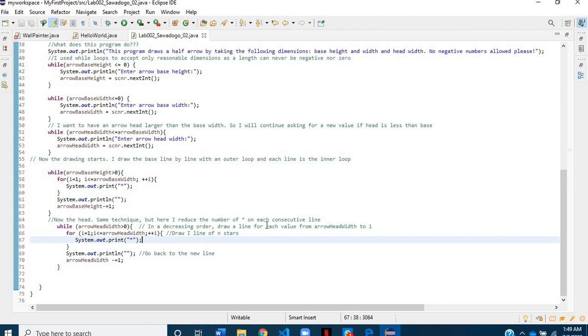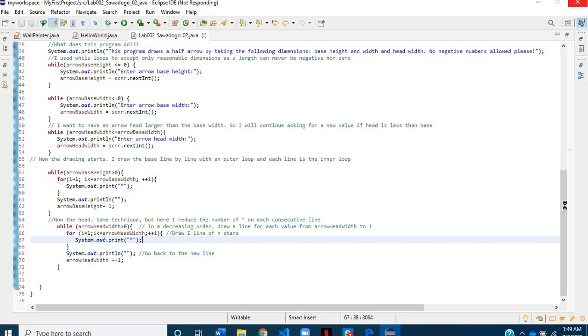And when I finish printing the first line, now I go back, I reduce the head width by 1 and go over and do the same thing again. So that's how I drew the head.